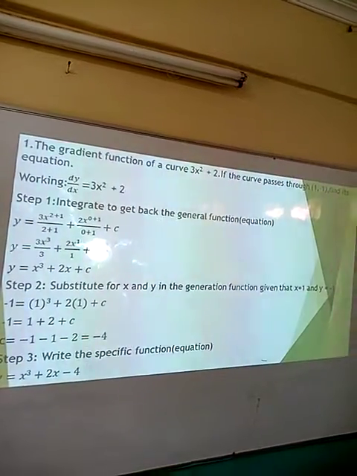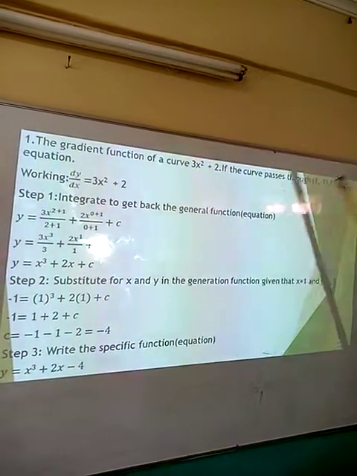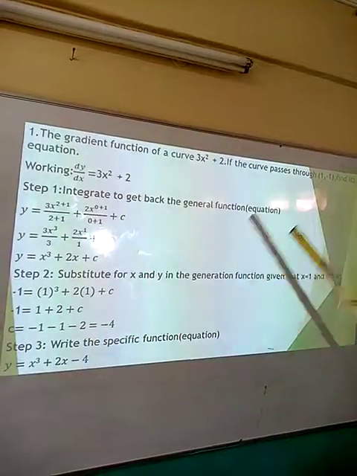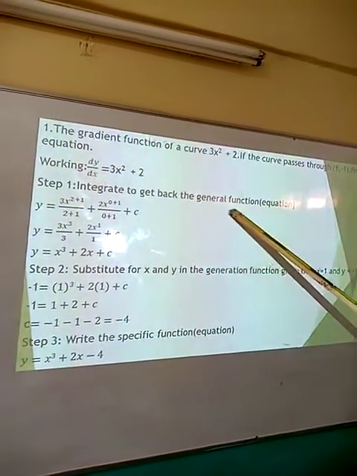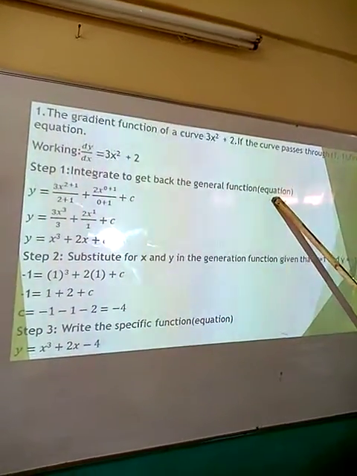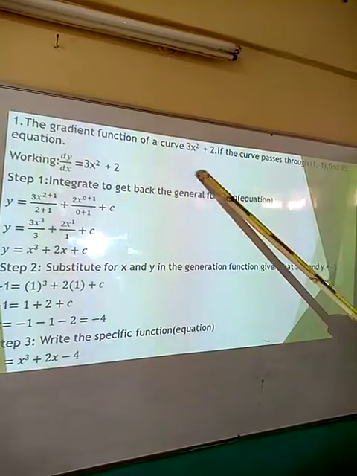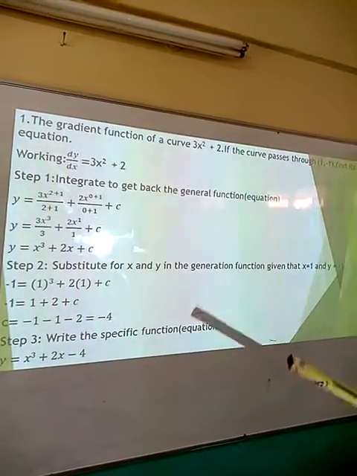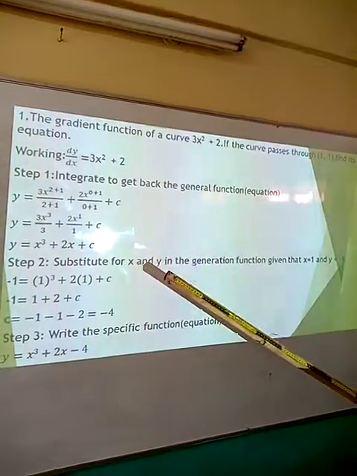But the process is the same because we must first of all start by integrating to get back to the general function from which the gradient function came. And the process is integration.